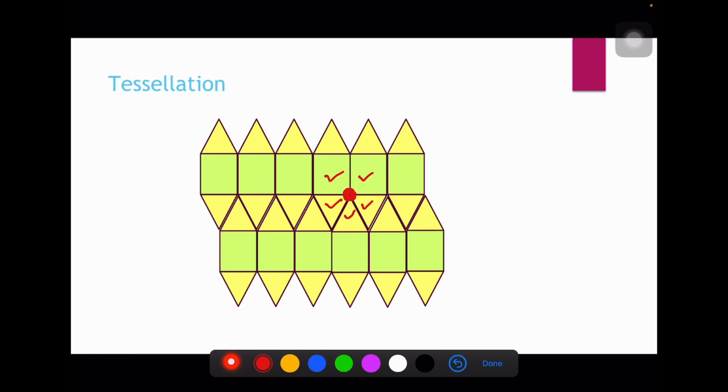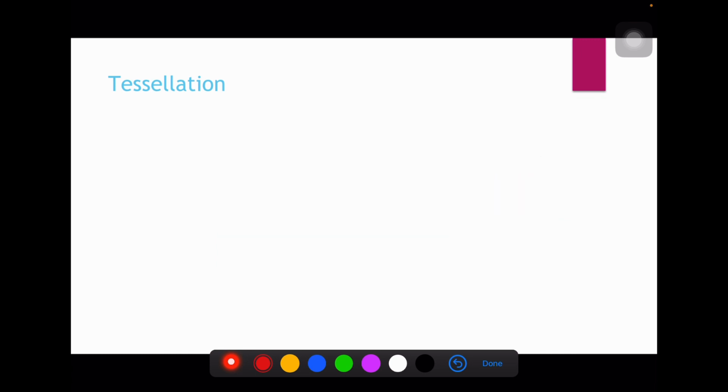So start from the first triangle, either this side or this side. So we have 3.3.3.4.4. There you go.